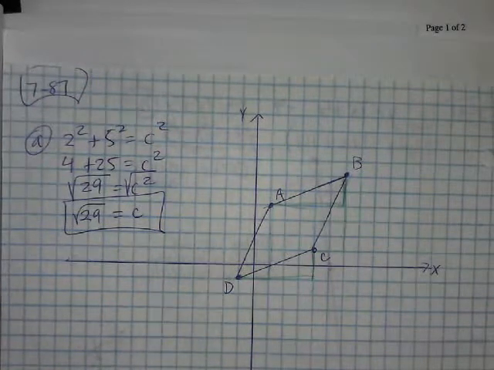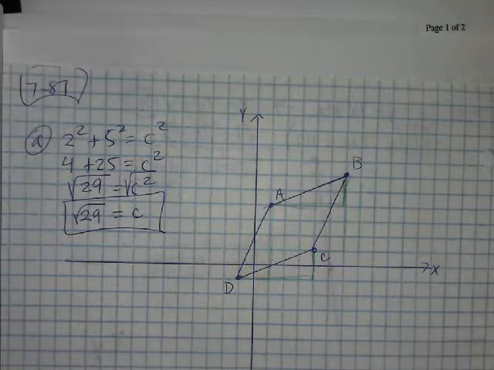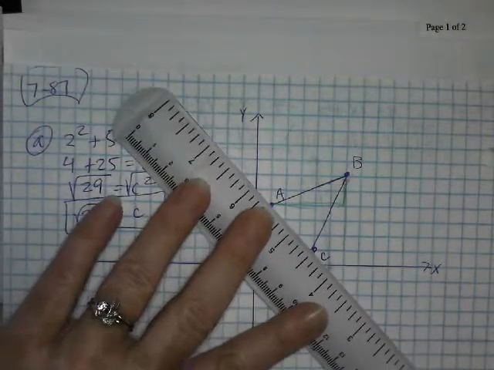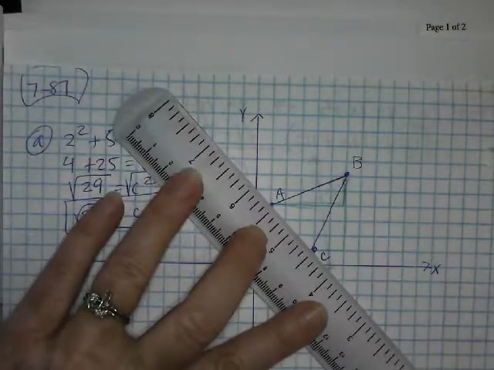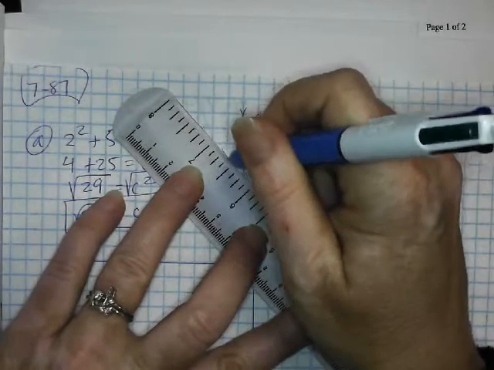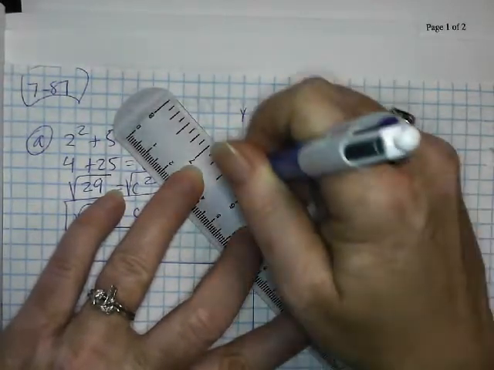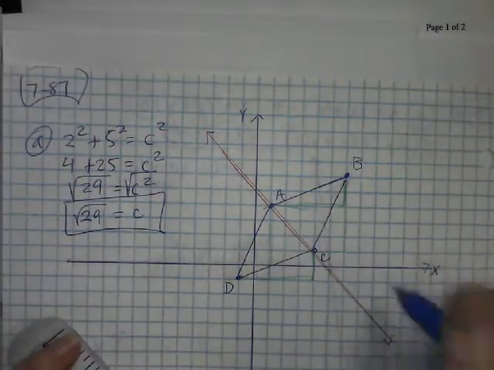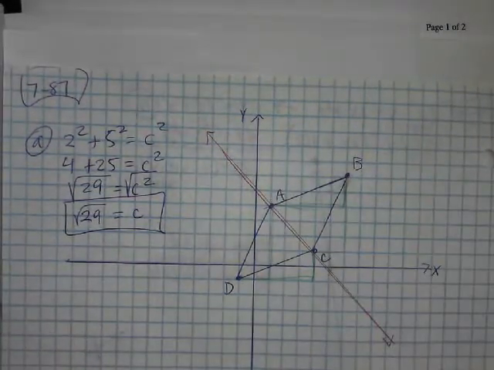Letter B says, write the equations of the lines on which the diagonals lie. That is, write the equations of AC and BD. I know somebody besides me is going to be able to write these equations of these lines. I'm pretty happy about that. Who knows how to find the equation of this red line that I just drew?